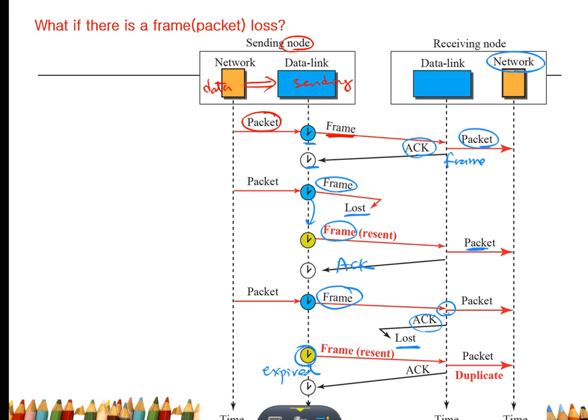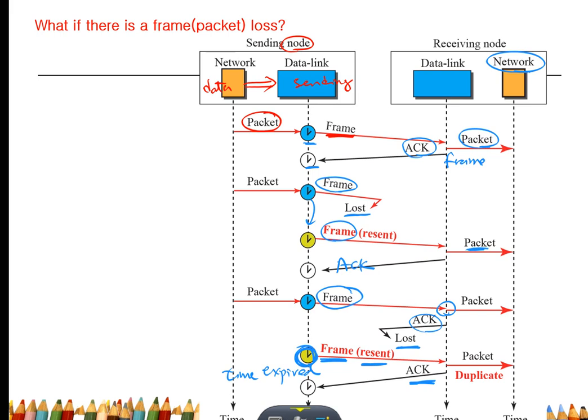Then it may request to resend the packet, and then the acknowledgement will be delivered to the sender. But if the acknowledgement could not reach the sending node until the time expired, then maybe the sender will resend.